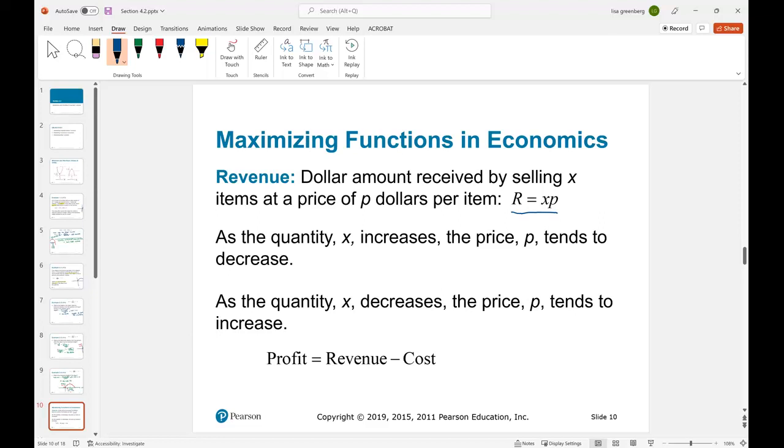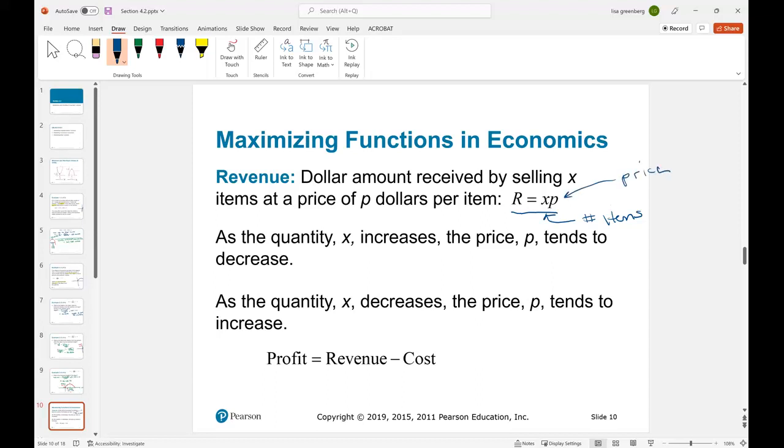Revenue means, let's say you go to the dollar store because the dollar store is real easy, okay? So everything costs $1. And if I buy 30 items, let's not talk about tax, I know it's going to be $30 because I multiply the number of items by the price, right?